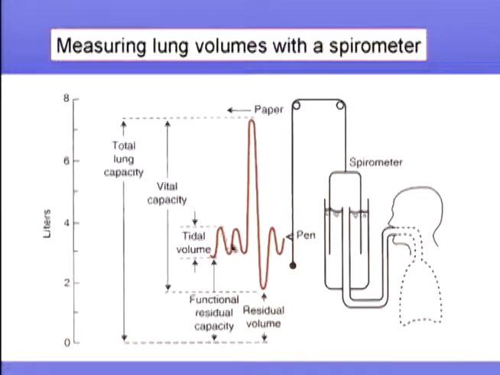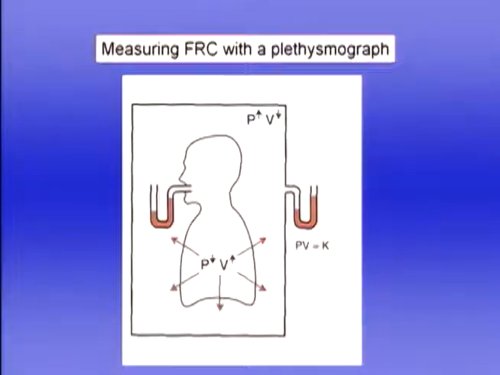We measure the tidal volume here and also the vital capacity. But we can't measure the residual volume, the functional residual capacity, or the total lung capacity. And that's because the patient can't exhale the gas in the residual volume. To do that, we have to go to another technique, and one that's very frequently used is the body box or the plethysmograph.